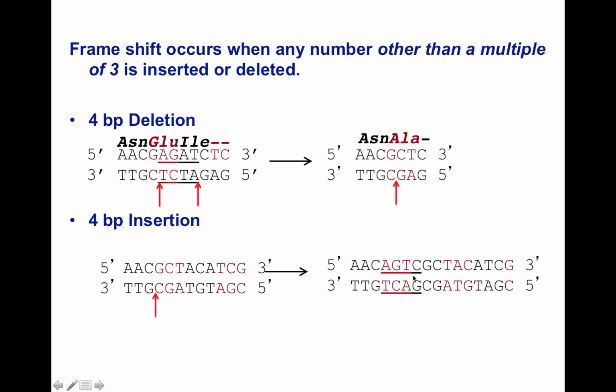Now we're going to have a codon that is AGT instead, but we've also altered this codon because now there's a C here that has to be read from this codon here, CGC. So our new sequence is changed from asparagine, glycine, threonine, serine to asparagine, serine, arginine, tyrosine, isoleucine, and all the amino acids downstream from this will also be changed.